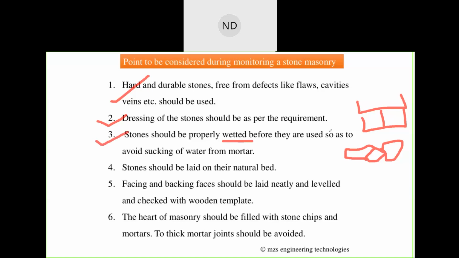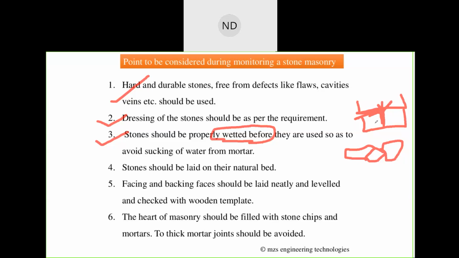This point is important: the stones which you are using for construction of the stone masonry, you should wet before using them. Otherwise, the mortar which you are using to join these stones, the stone is going to take the water from this mortar. Stones should be properly wetted before they are used, so as to avoid sucking of water from mortar.